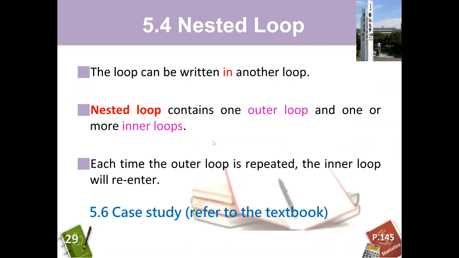So you can guess and imagine which executes more frequently, the outer loop or the inner loop. Of course, the inner loop, because every time the outer loop increases once, the inner loop will do the loop again, right? Before that, I want to give you an example.